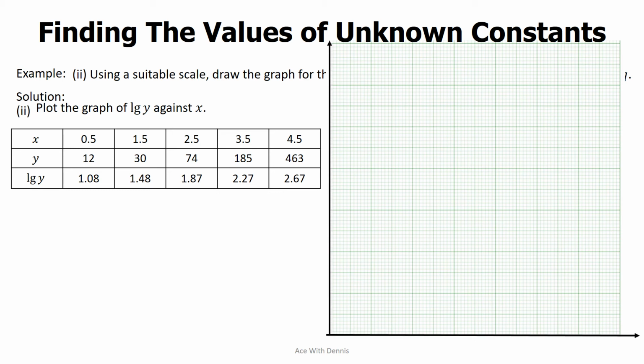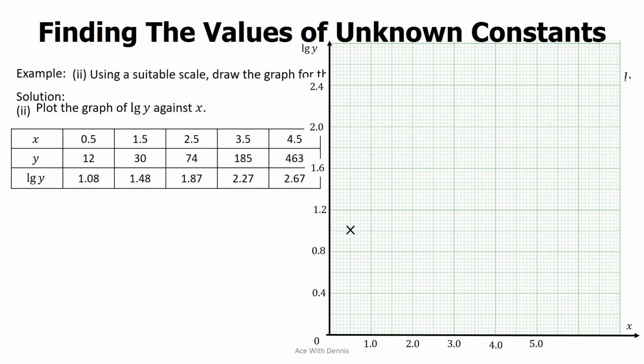So this is the x-axis and this is the y-axis, where the x-axis is x, the y-axis is log y. Now we draw the scale. For the x-axis, 2 cm is 1 unit, so 1.0, 2.0, 3.0, and so on. And for the y-axis, it is 2 cm to 0.4 units. So 0.4, 0.8, 1.2, 1.6, and so on.